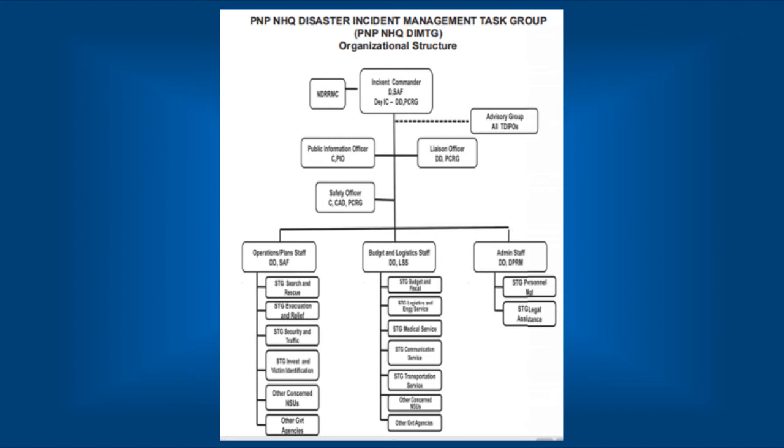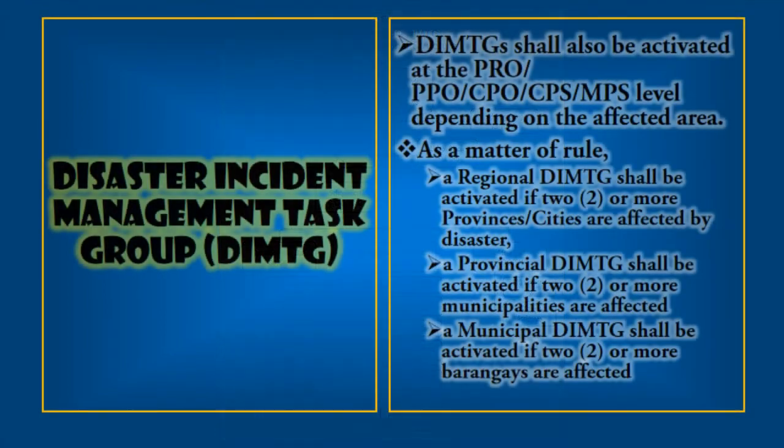So take note yung kanina, the incident commander of the CIMTG, he is in coordination with the CMC, while this one, he should coordinate naman with NDRRMC. So meron talagang division or specialization.